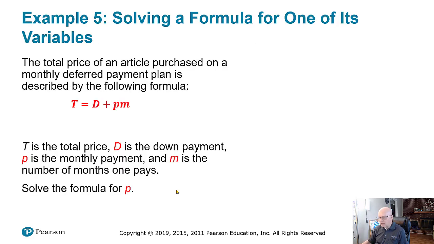Here's another one to try. So we've got T equals D plus PM, and we're going to solve that for P. So here's our original equation.